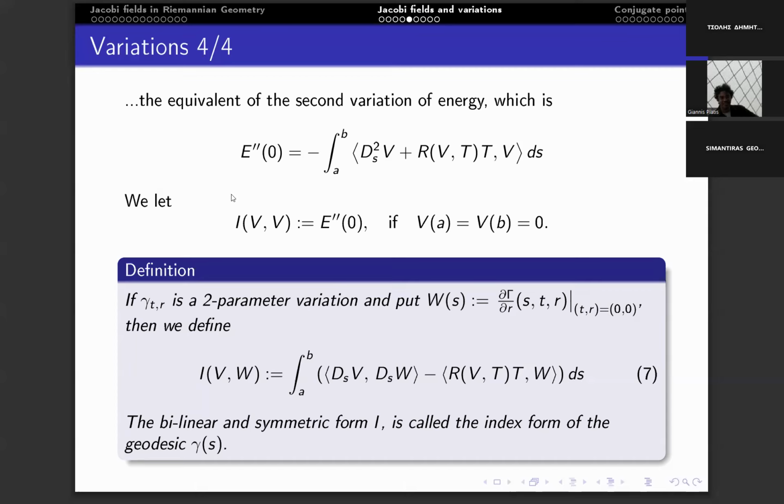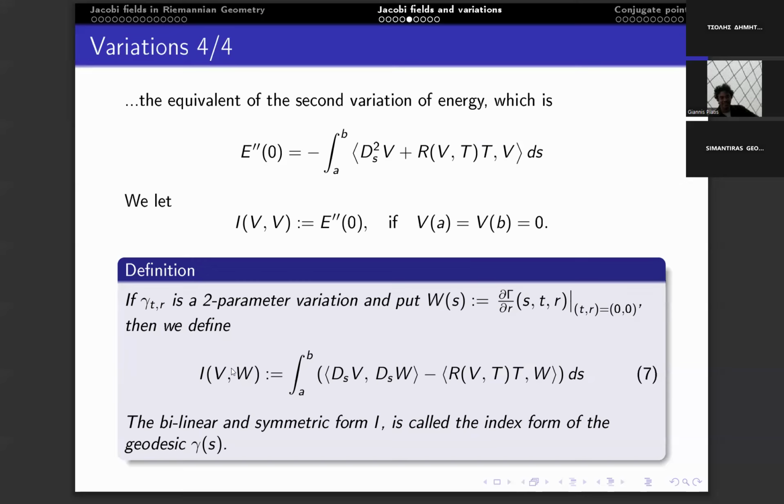Now we define the index of a variational vector field, which is the second variation of energy, and we choose the endpoints of our variation to be fixed. So we can define the index with two arguments here by using a two-parameter variation and another variational vector field with respect to the variational parameters t and r.